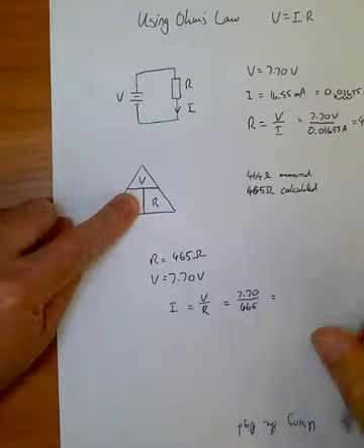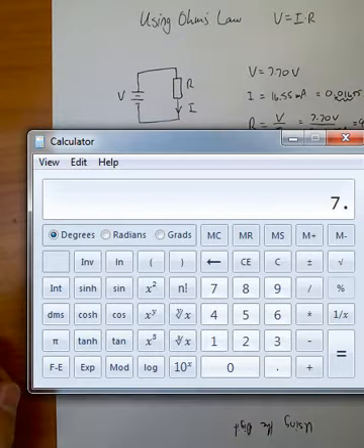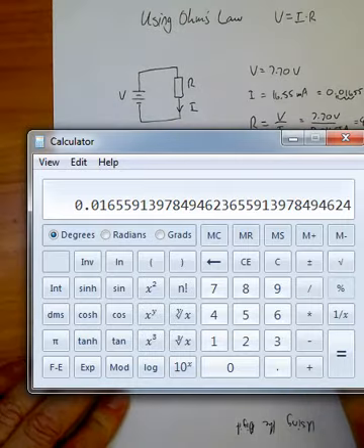Going back to my calculator, 7.70 divided by 465 equals 0.016.